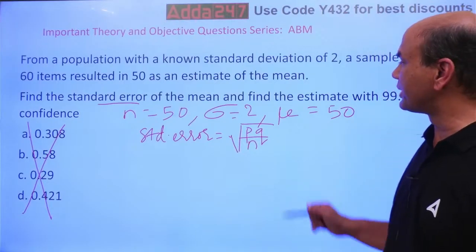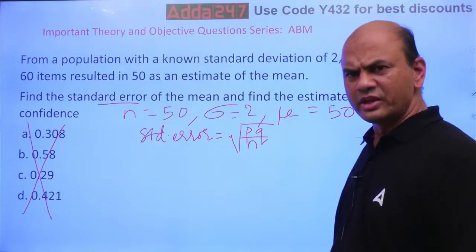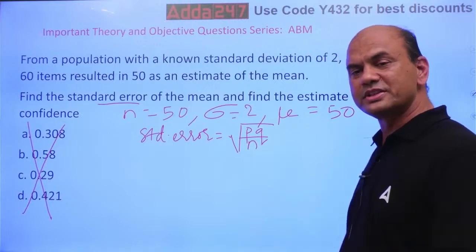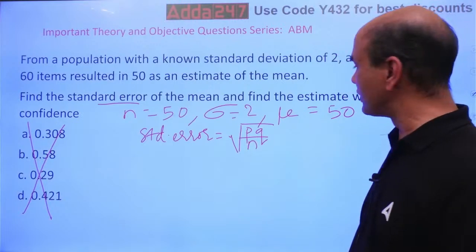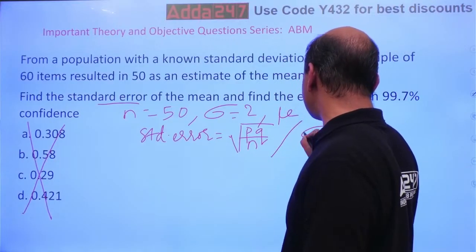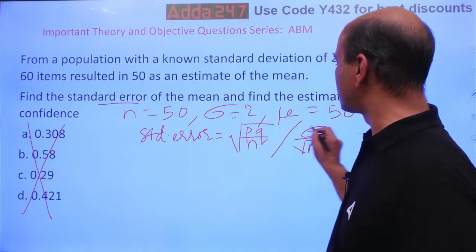What is PQ? Just now we did two problems. One was root of PQ upon N, the second one was psi upon root of N. Which one will you use? I'll just give you a choice: this or psi upon root of N. Which one will you use? This or this?